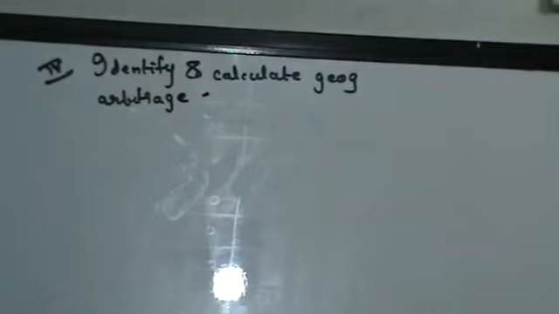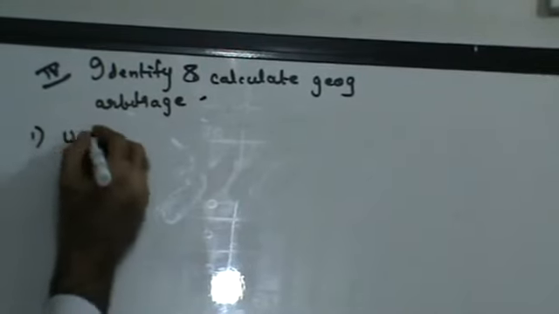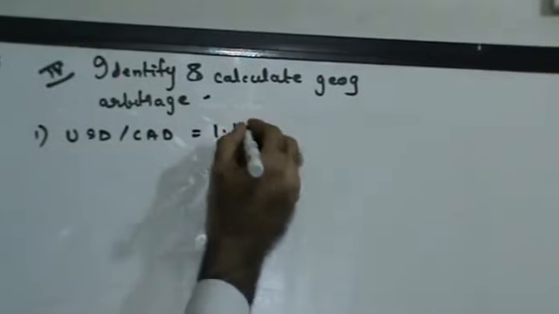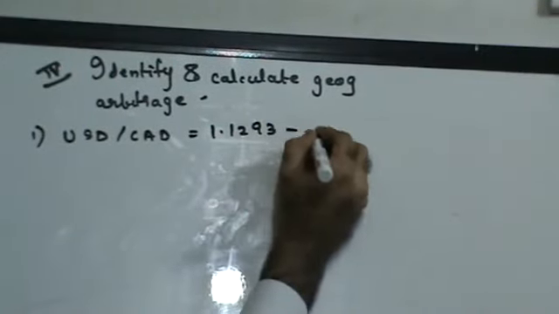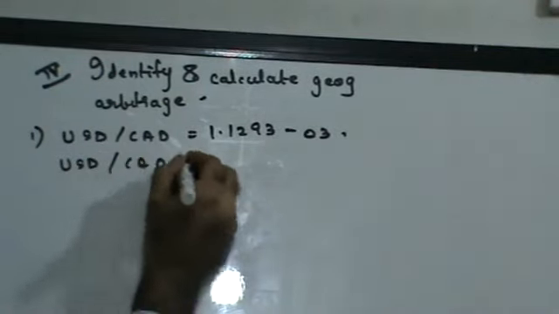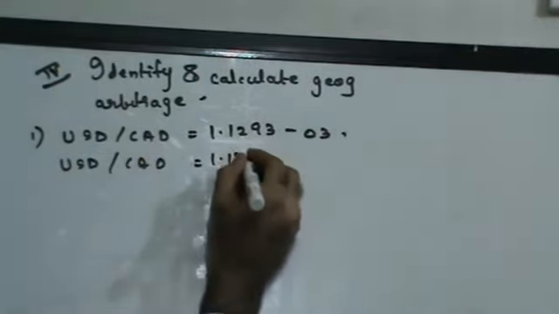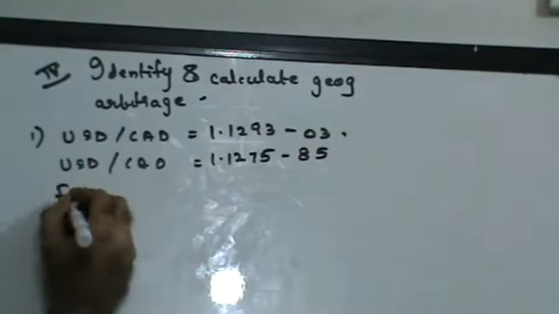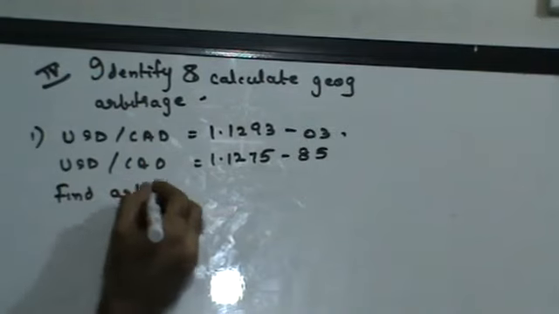For example, if they say that you have US dollar, Canadian dollar is 1.129303. US dollar, Canadian dollar is also 1.127585. Find arbitrage.